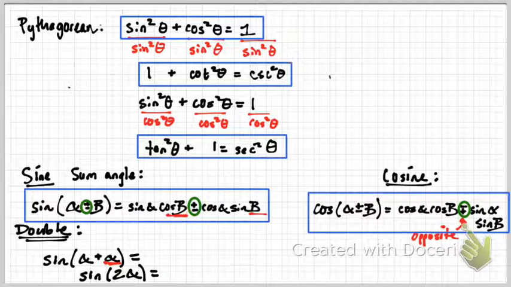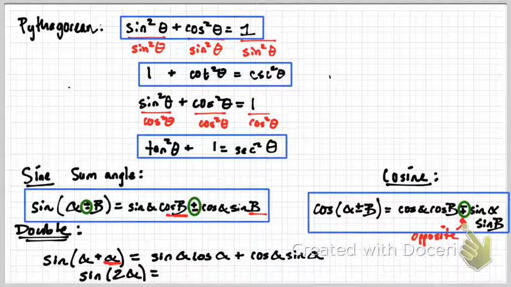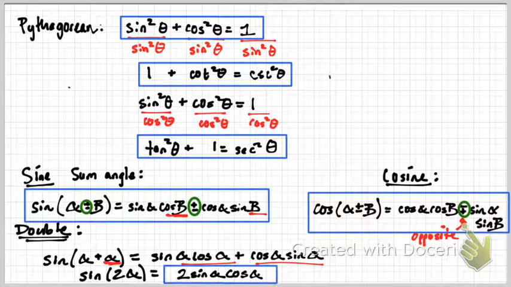So now we have sine alpha, cosine alpha, same sign, plus cosine alpha, sine alpha. And are these the same terms? Yeah, what's the only difference? Just the order, right? So how can we rewrite this simpler? 2 sine alpha, cosine alpha. So this would be your final answer on this one.